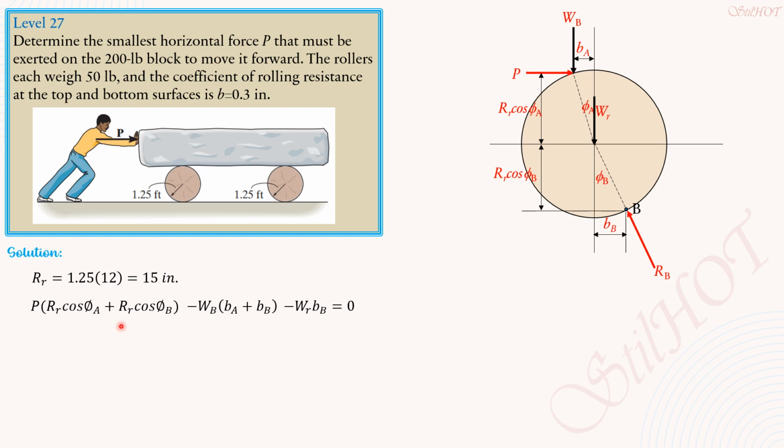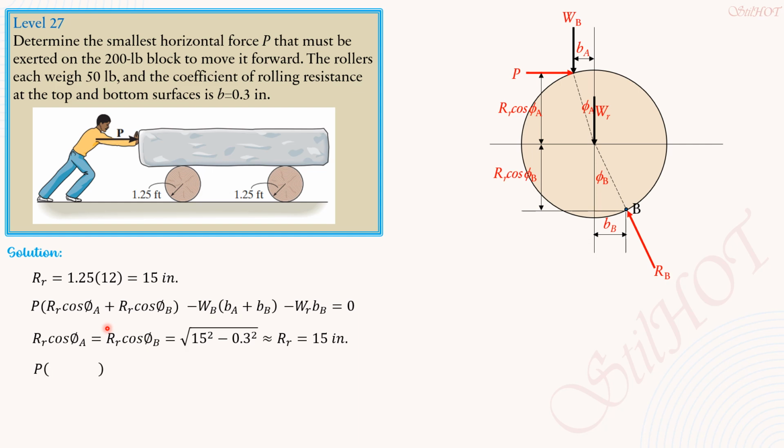So simplifying and deriving a formula for P, by the way, R_R cosine of φ_A equals R_R cosine of φ_B, because the coefficient of rolling resistance at the top and bottom are equal. So it is square root of radius of the roller, 15 squared, minus b_A squared or b_B squared. Square root of 15 squared minus 0.3 squared is approximately equal to R_R. Use your calculator there. So it is still 15 inches.